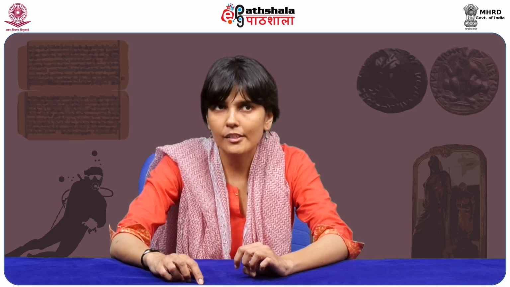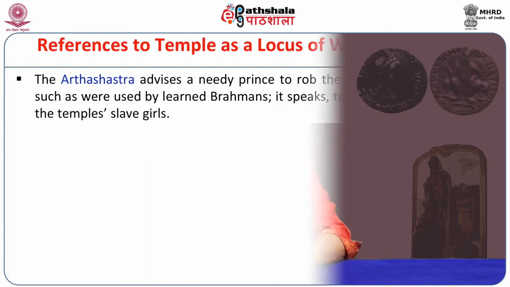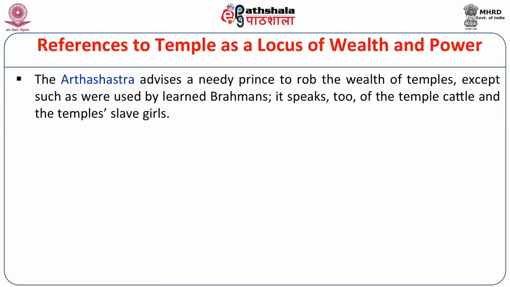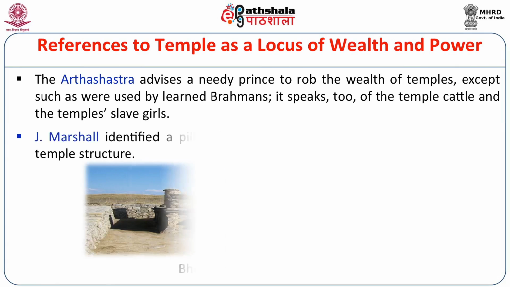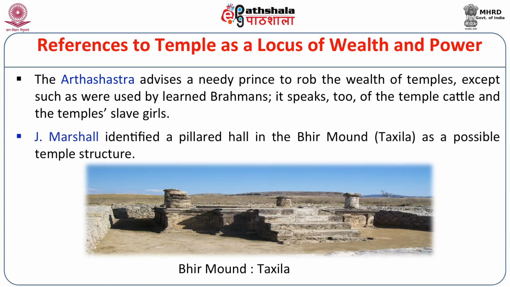The Arthashastra is the prime source as far as the temples are concerned. The Arthashastra, however, advises a needy prince to rob the wealth of temples whenever it was expedient. Archaeologically, a pillared hall in Bhir Mound of Taxila had been identified by John Marshall as a possible temple structure.